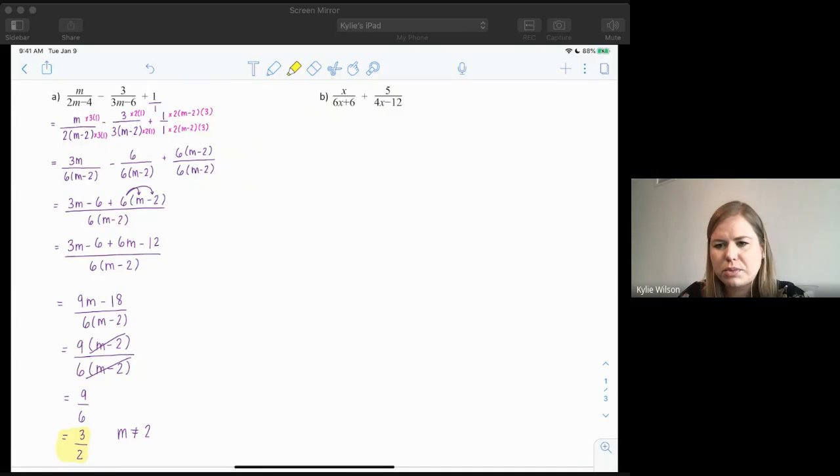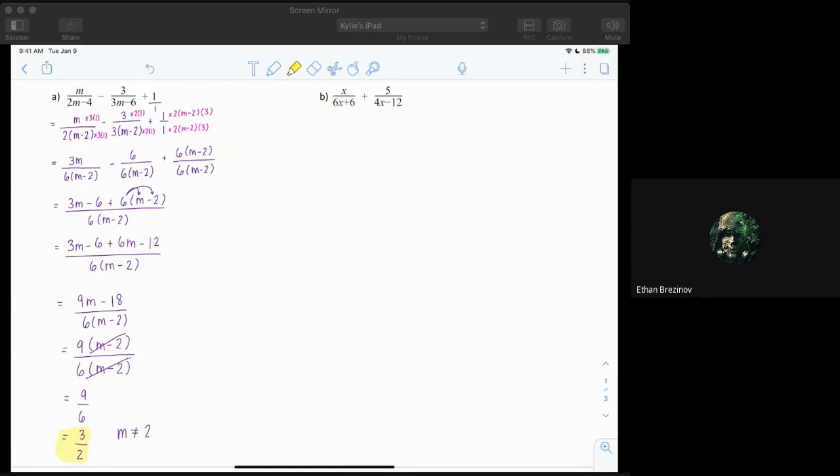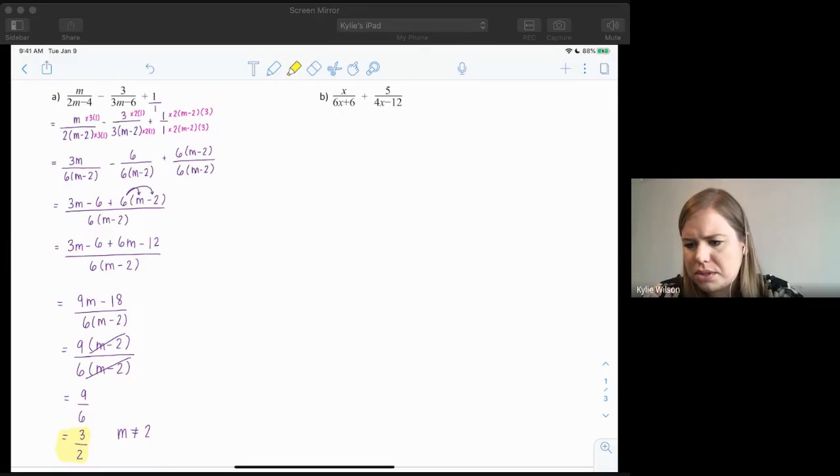Are you able to reword that for me, or maybe type a quick example? Because I think I'm misunderstanding what you're asking. Let's say you have like maybe 6x over 6x plus 1 plus 5 over 4 bracket x minus 3. How do you represent multiplying the inside of the brackets and the outside of the brackets? Sorry, my audio is just, let me fix.